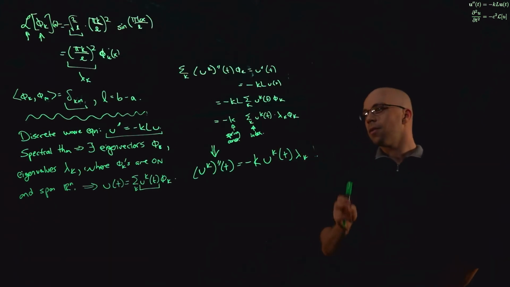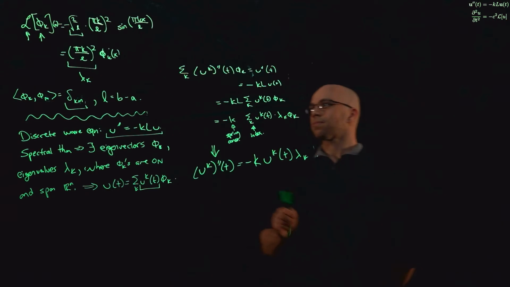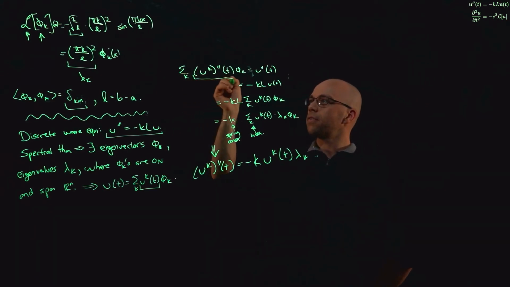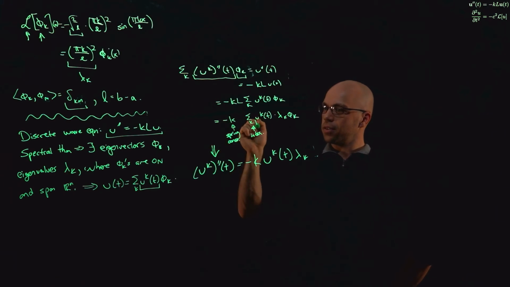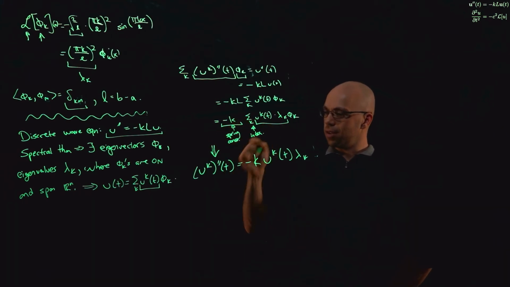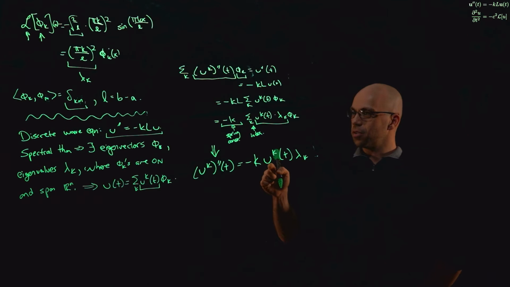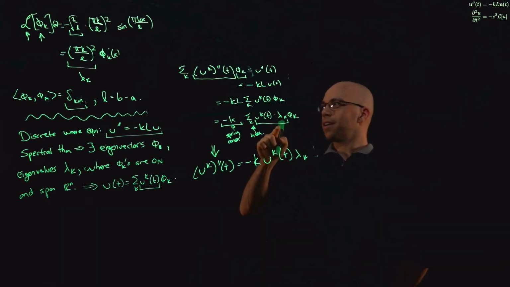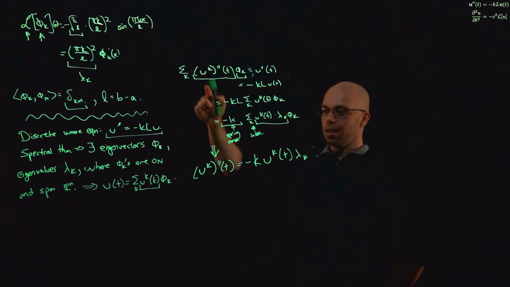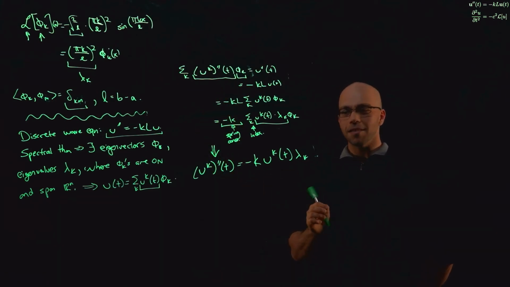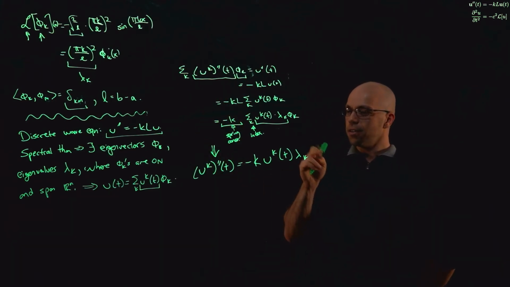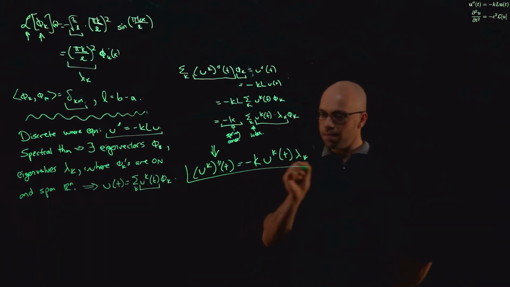Okay, so what did I just do here? Well, notice that this is the coefficient in front of phi k, and this is the coefficient in front of phi k, right? So we've got a minus k uk lambda k in front of phi k on the right-hand side, and we've got uk double prime in front of phi k on the left-hand side. This is an orthonormal basis, so we know that all the coefficients of our basis have to be the same.